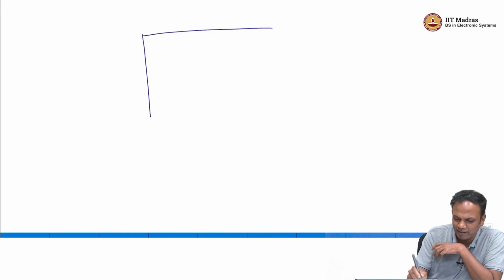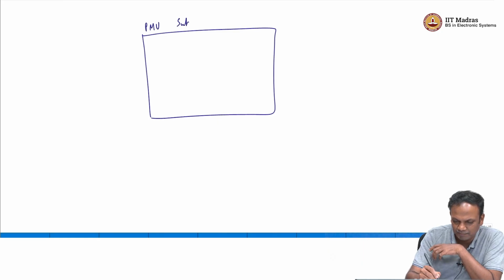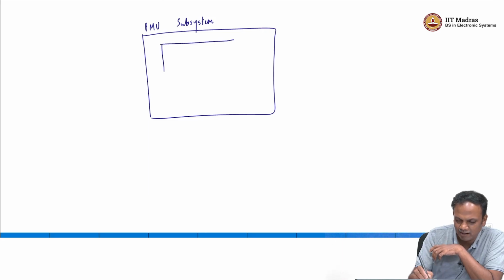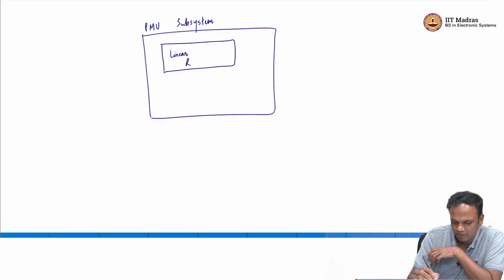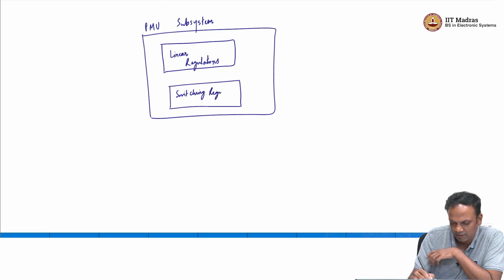So, a power management subsystem now, a PMU subsystem, will have one or more linear regulators, and it will have one or more switching regulators.